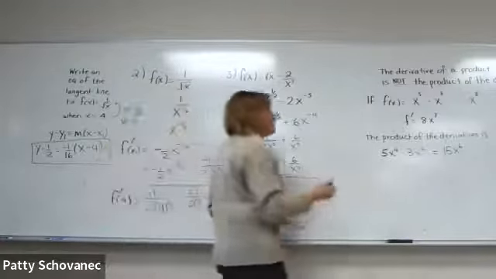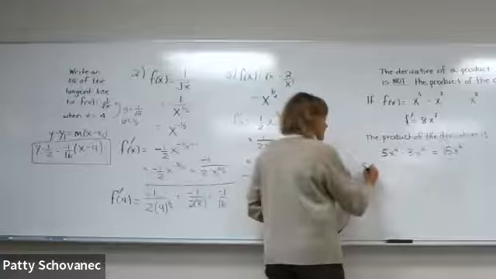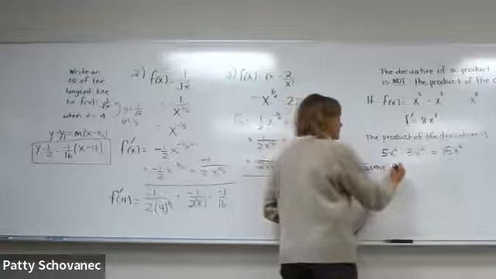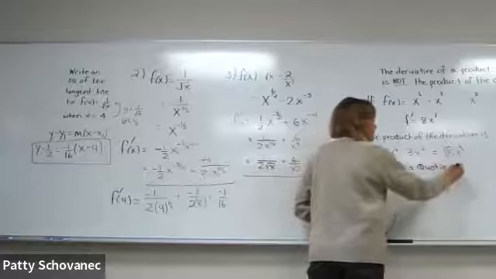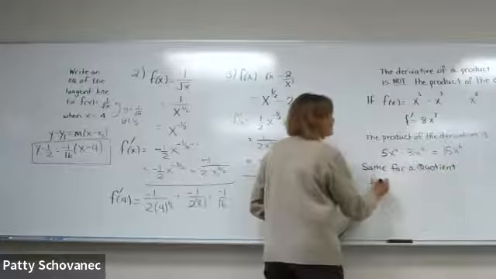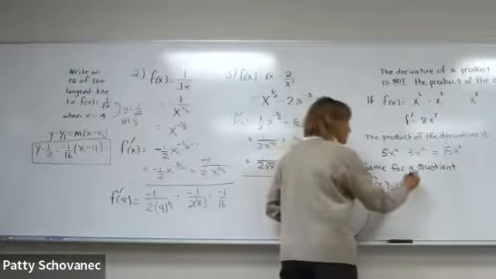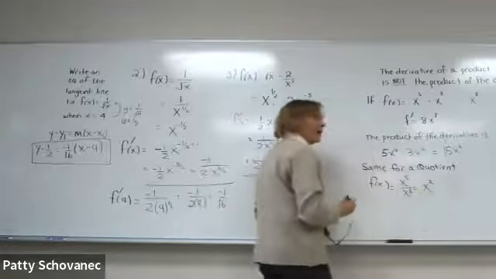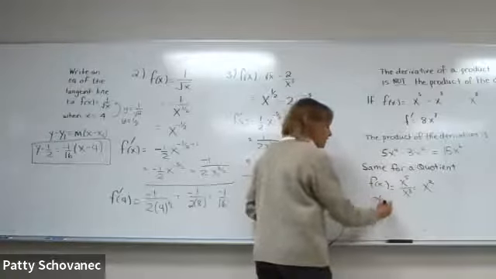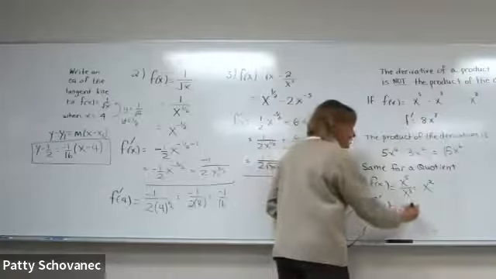Same thing if you have a quotient. If f of x is x to the 5th over x cubed, that simplifies to x squared, and the derivative of x squared is 2x.